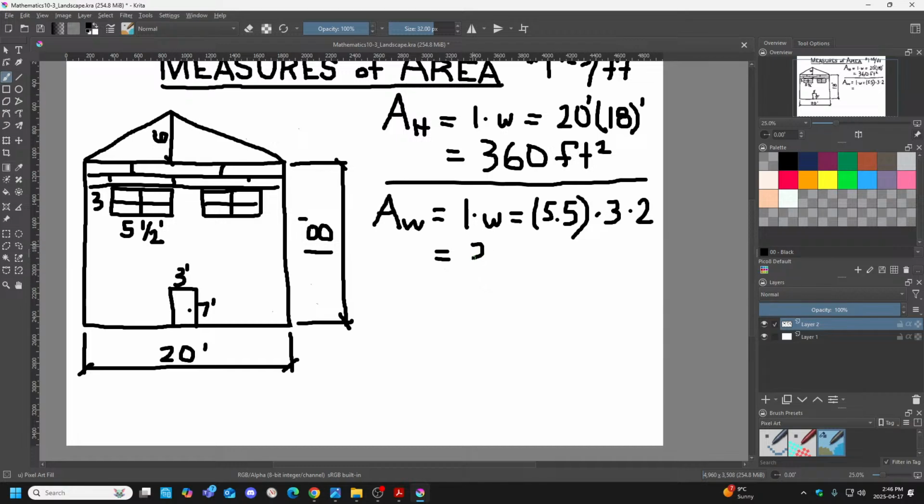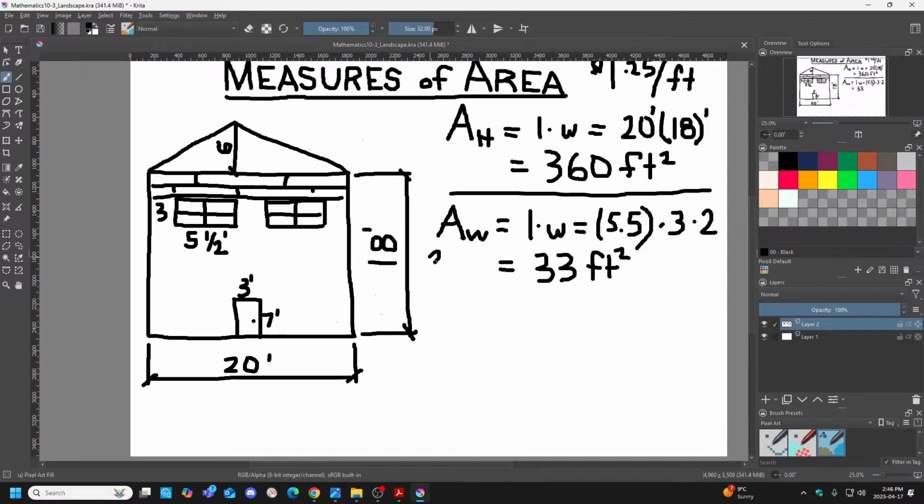And I get 33. That is also feet squared. And that's for 2 windows.